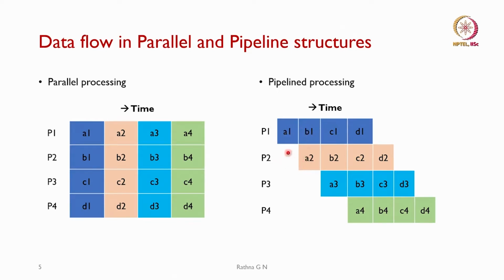The latency of the P4 processor is that it has to wait for 4 clock cycles before it can operate. Once all the data have been filled in, they can work in parallel. That is the latency of the pipeline, whereas in parallel processing there should not be any dependency between the data.